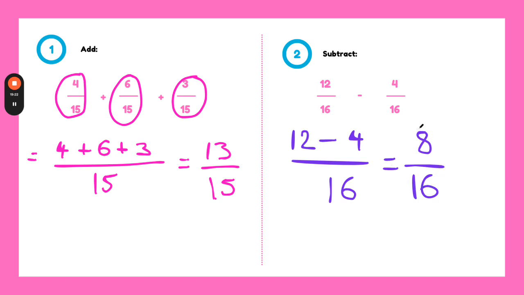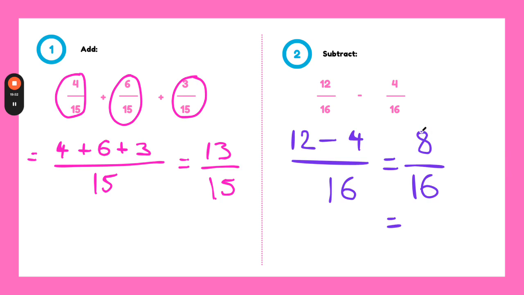And this fraction could be simplified further, by the highest common factor, or HCF for short. Between 8 and 16, we have a highest common factor of 8, because 8 divides into 8, obviously, and it also divides into 16.